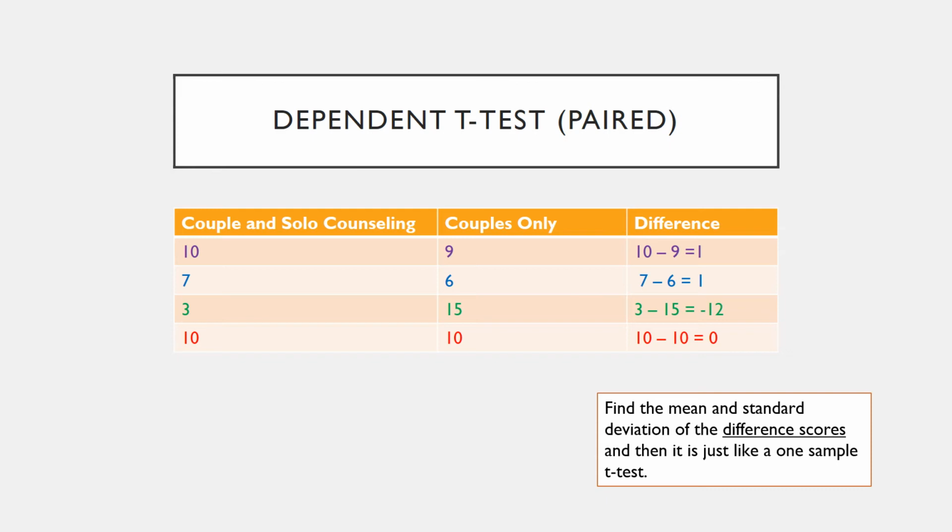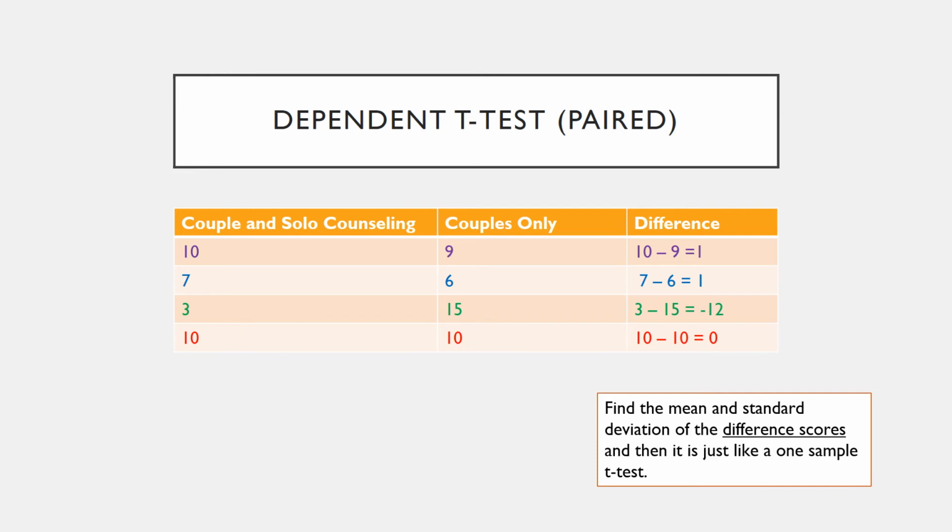And then we also get one standard deviation of the difference scores. Just like you did earlier on in the course, you get the standard deviation of this. So you get the sum of squares, and then you divide it by 3. And then you just do the t-test just like a one sample t-test.